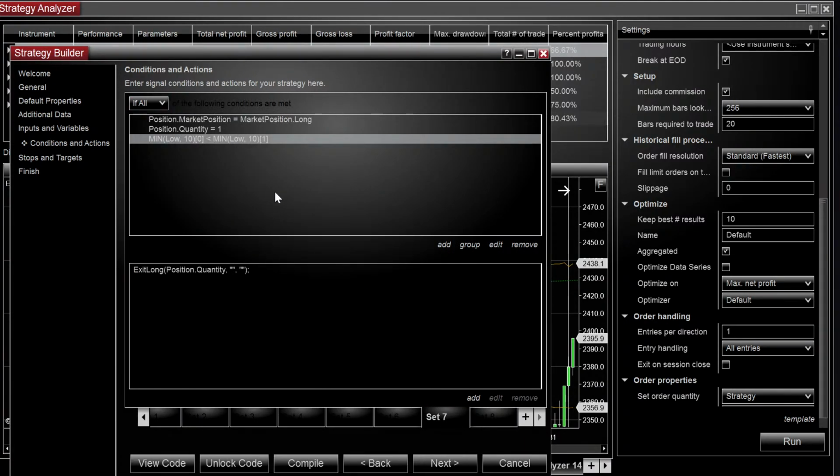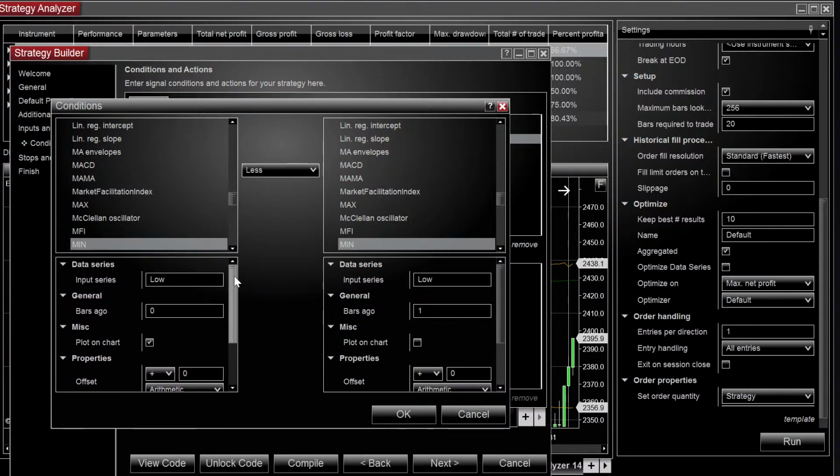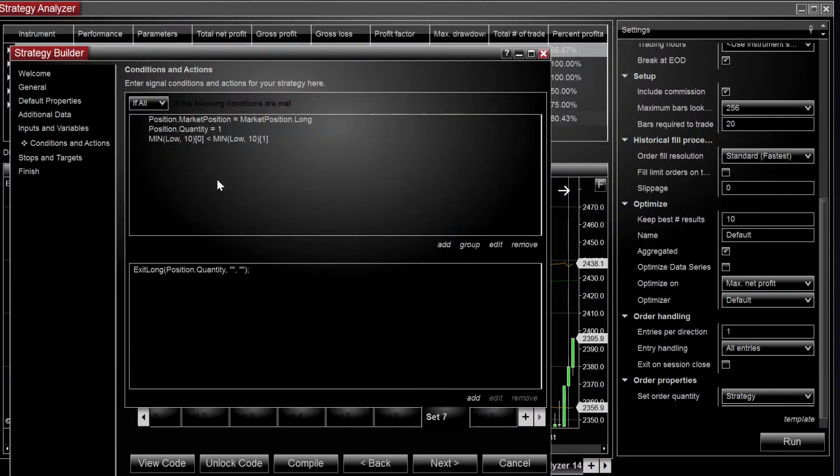Make sure I did it right over here. Minimum, so the low is less than the low 1 bar ago. Exit long position quantity. This one is exit short position quantity.